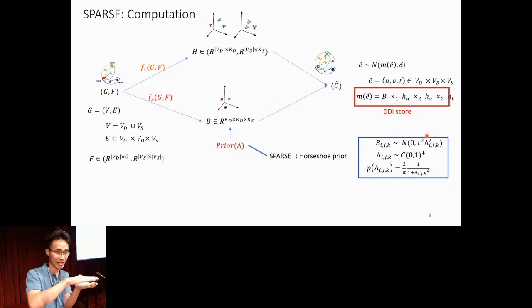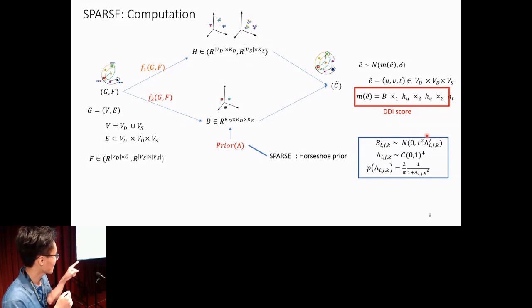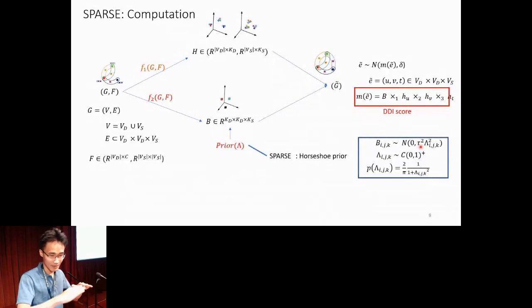And again, how to control this variance, it has two parts. The first part is the global parameter, tau here, to control the global sparsity. If we set tau to a very small value, then we force the distribution very close to zero, and then we have almost zero features. This is an advantage of the horseshoe prior. We can control it directly by tau.